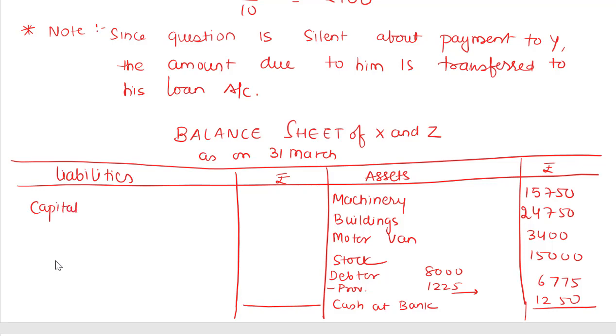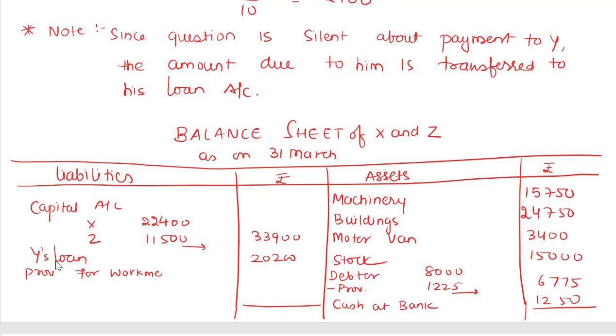Liability side: capital of X and Z 22,400 and 11,500, that is 33,900, then Y's loan 20,200, provision for workmen compensation 825, creditors 9,500, and bills payable 2,500.